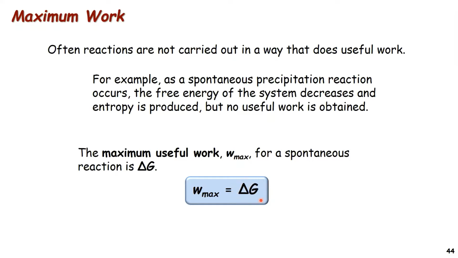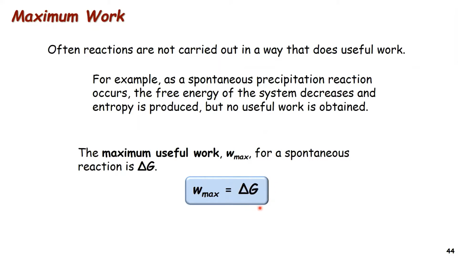There's del G, there's del G naught, there's del G naught F, there's del G M, okay? All of those little subscripts and superscripts mean something different. This del G right here means the free energy of the system for that given reaction, of that amount of material, reactants and products that were formed. So this isn't a molar quantity. This value would have units of kilojoules, not kilojoules per mole.